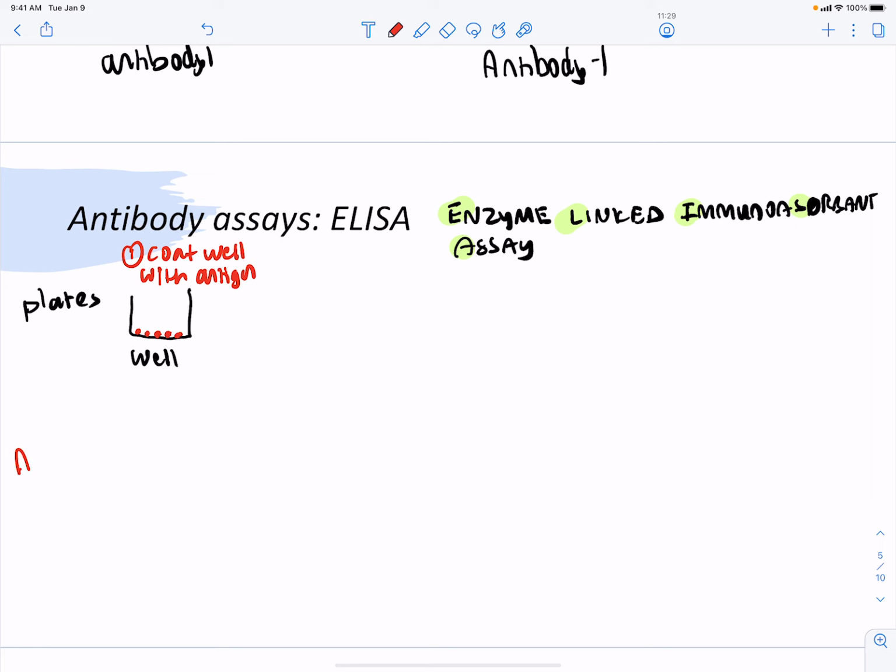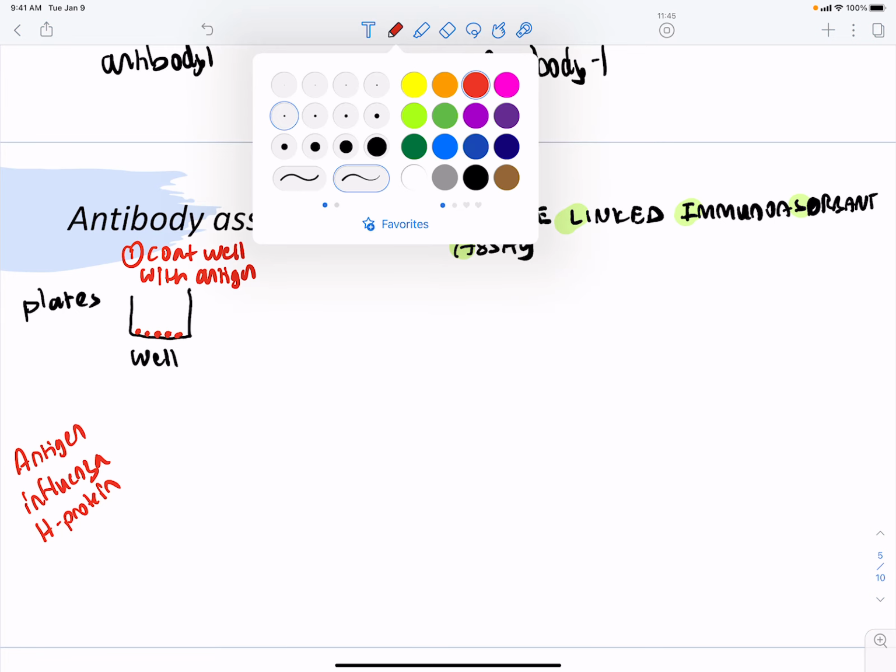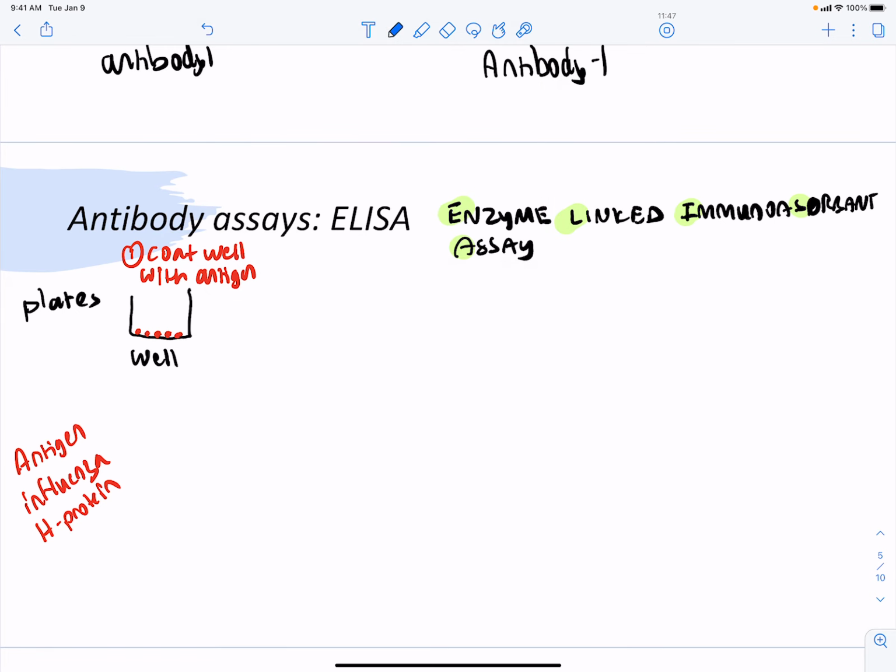This antigen, for example, might be influenza H protein, hemagglutinin. So you coat the well with the antigen, and then the next step is that you're going to add your antibody.